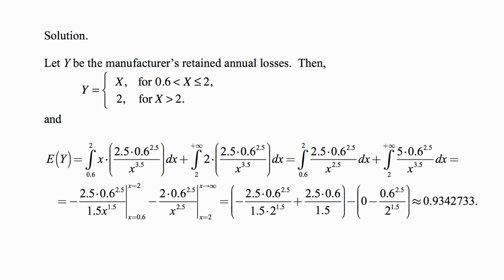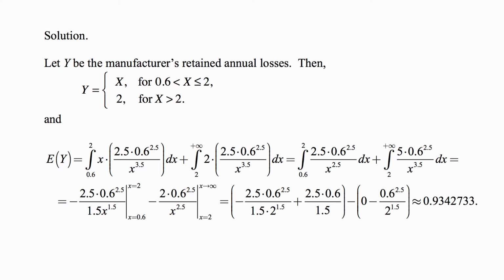And here's the solution. Let us write Y for the manufacturer's retained annual losses. I'm saying retained because you could think about the manufacturer being a primary insurer for the losses, and then the insurance company being like a reinsurance company. Then the retained losses are equal to X for X between 0.6 and 2, and 2 for X more than 2.